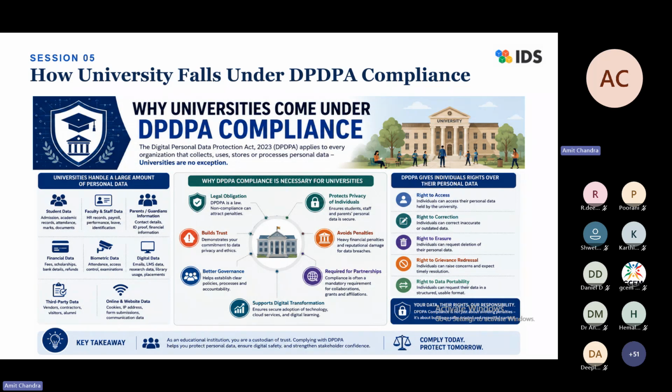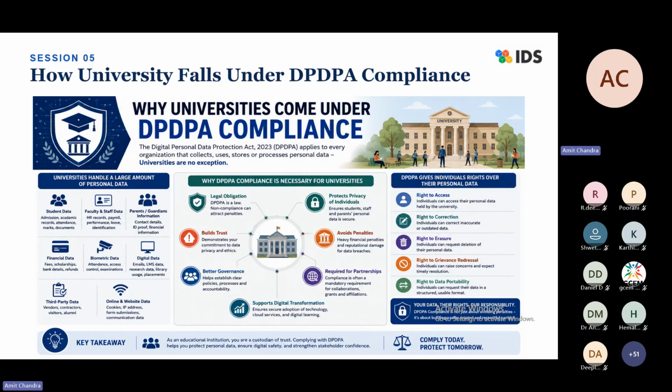So what is the personal data? It's the student data, the faculty and staff data, the parents' and guardians' information, financial data, biometric data, digital data, and third-party data. We share or integrate with third-party data, and some online and website data.